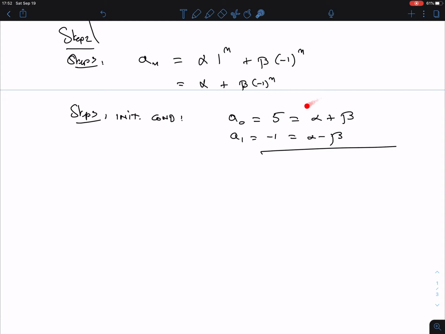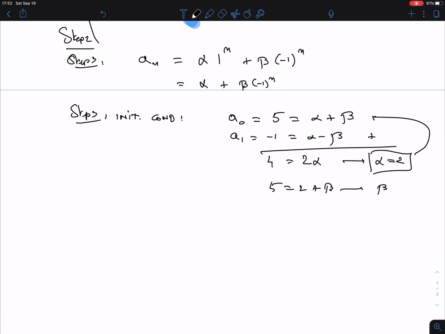So if I add these 2 equations, these 2 betas cancel. So 5 minus 1, that is 4, that is 2 alpha. From that I see that alpha is 2, and therefore if I plug it into the first one, I say 5 is 2 plus beta, so I see that beta is 3.